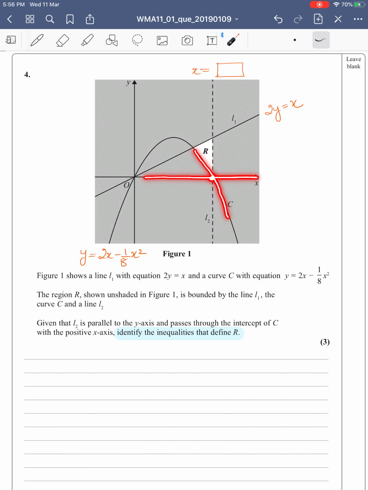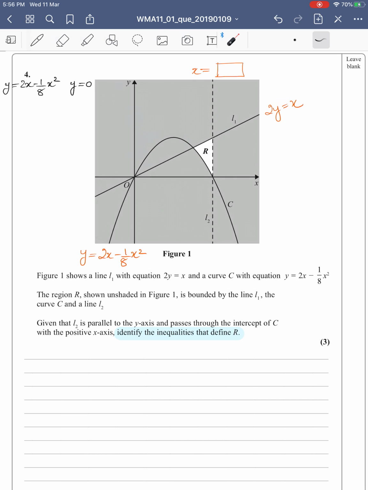So let's solve these two lines simultaneously, the curve and the positive x-axis, to find the x coordinate of this point. Okay, so we have the equation of the curve y is equal to 2x minus 1 upon 8x squared, and the equation of the x-axis is y is equal to 0.